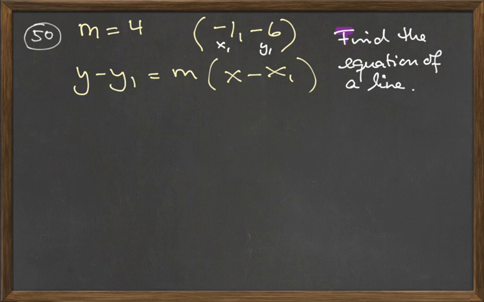So find the equation of the line. If you get it right, you get absolutely nothing. Exactly. Sign situation here.